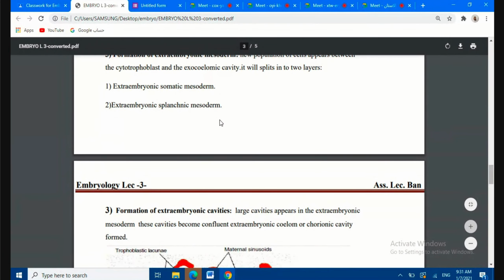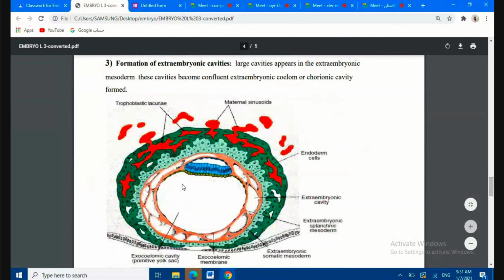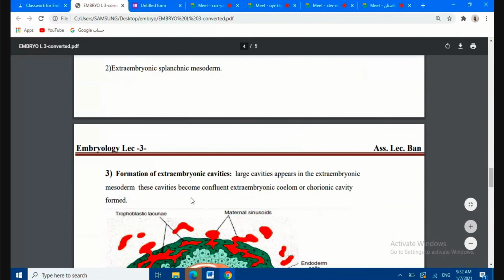You need to memorize these kind of mesoderm layers. So look at this one. Extra embryonic splanchnic mesoderm and extra embryonic somatic mesoderm, two group of cells. Okay, they will form between cytotrophoblast and exocoelomic cavity.